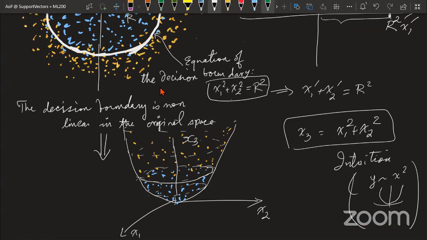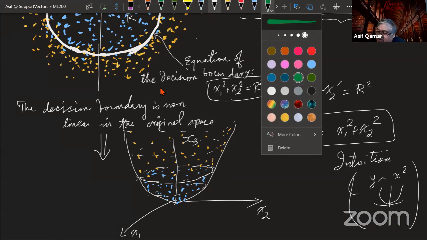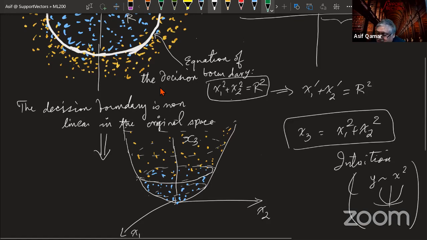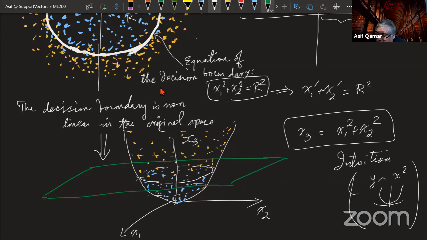Green, let's go with green. You would agree that the decision boundary would be this plane that sort of cuts here. Do you see that? This plane that is cutting it right here.